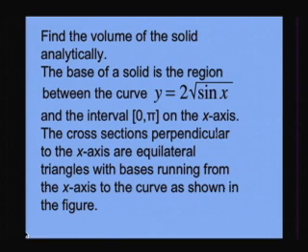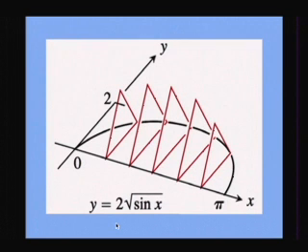The cross-sections perpendicular to the x-axis are equilateral triangles with bases running from the x-axis to the curve as shown in this figure right here. So what you know is that the base of this triangle is given by 2 times the square root of sine x.